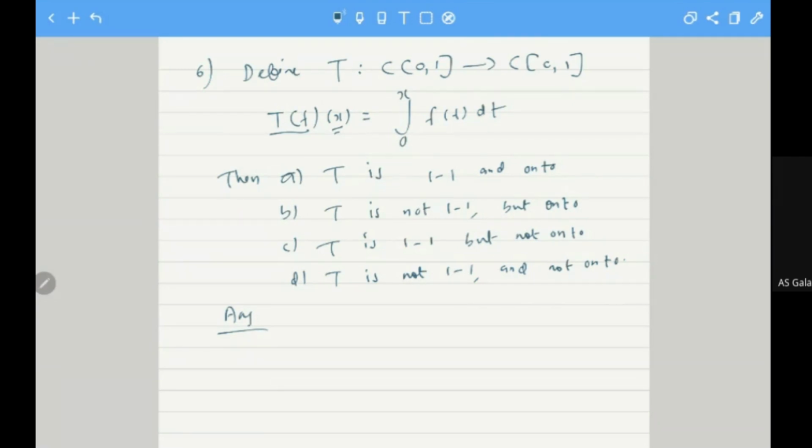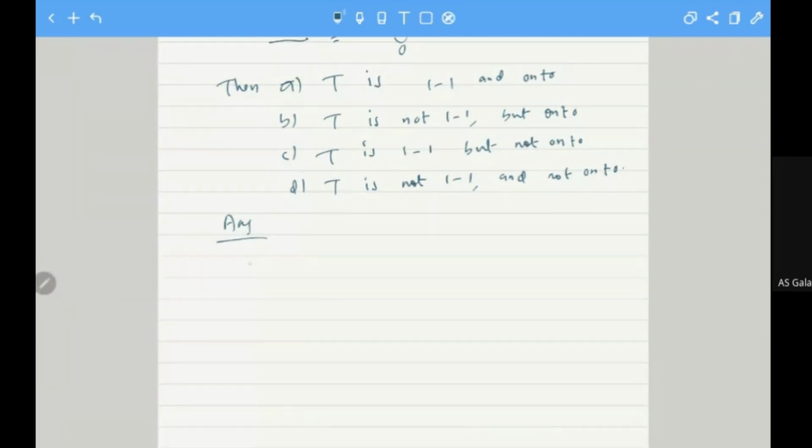The question they are asking is whether T is 1-1 and onto, T is not 1-1 but onto, T is 1-1 but not onto, or T is not 1-1 and not onto. So what is the guess? Anybody knows this answer?